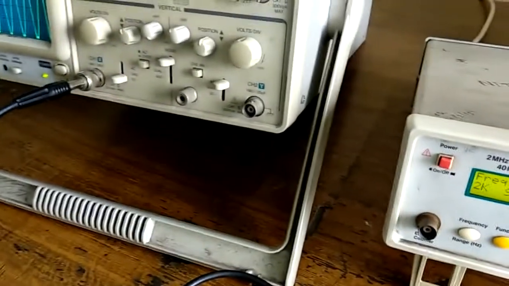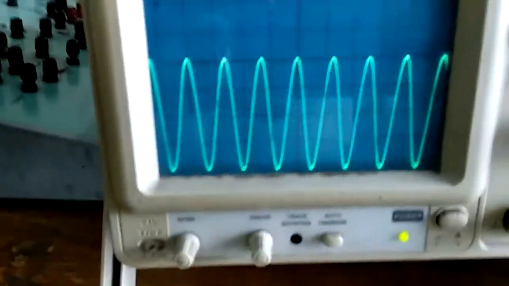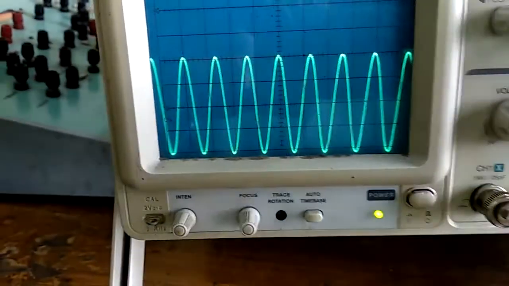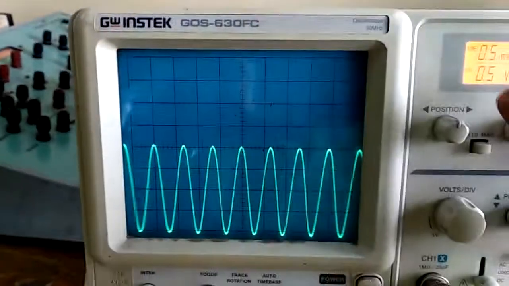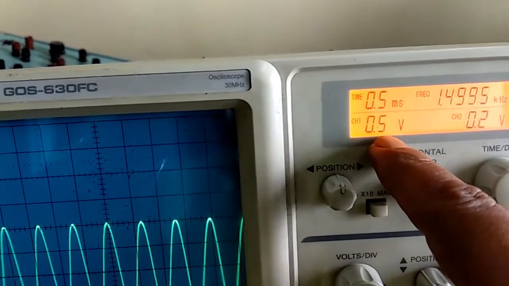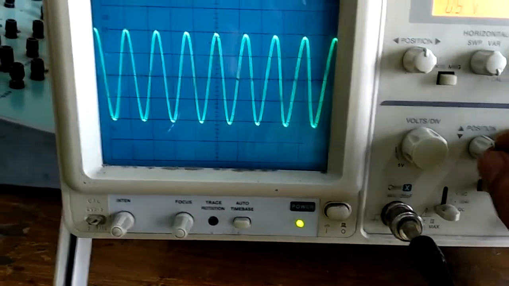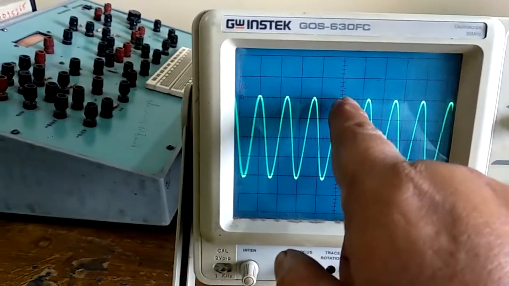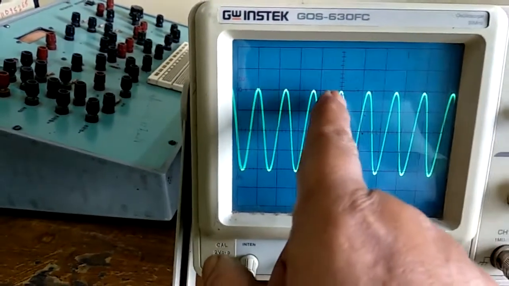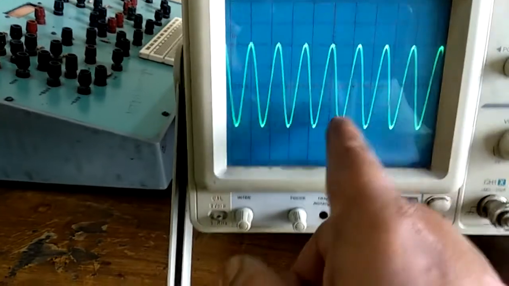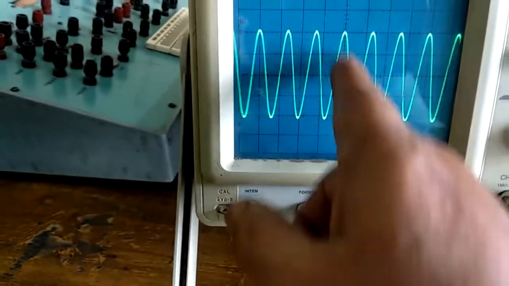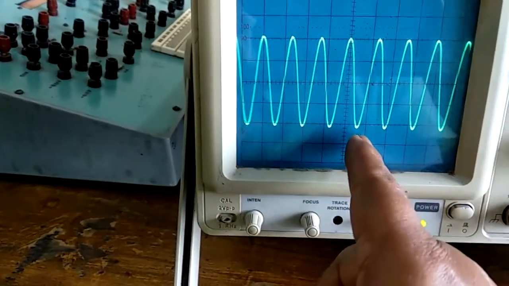In the same manner we have to calculate our amplitude by the volt per division knob. It has already been set at 0.5 volt per division, and now we have to verify by setting the top peak of the signal at a horizontal line, and counting how much distance it has covered vertically from top to bottom.